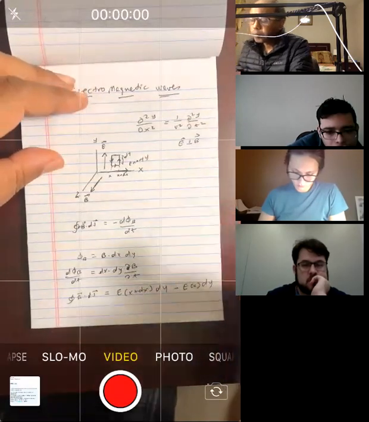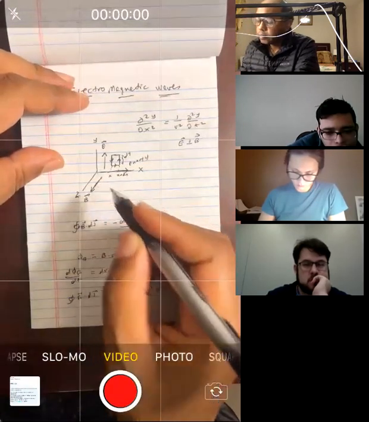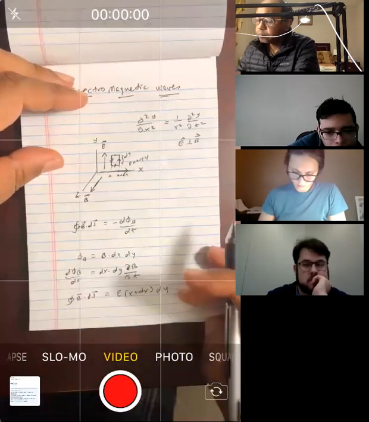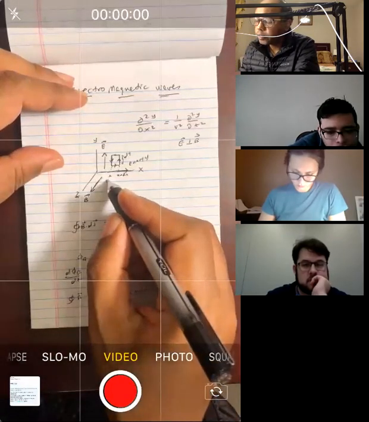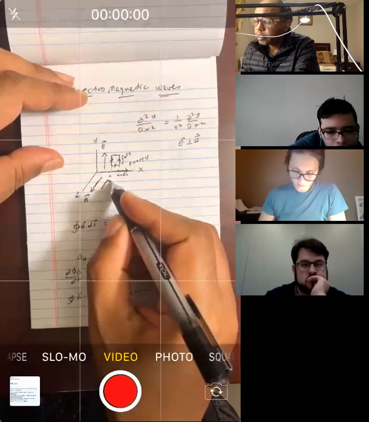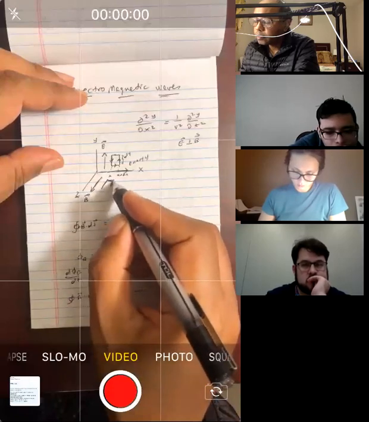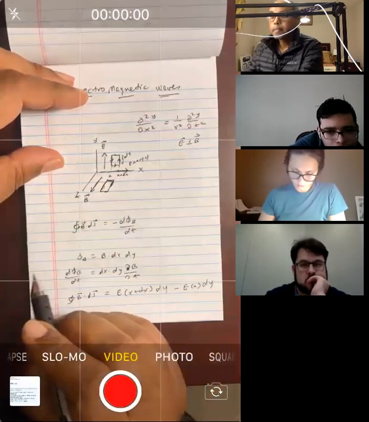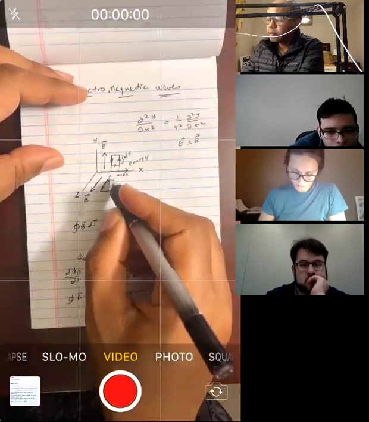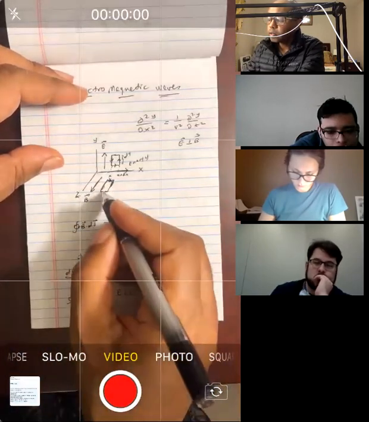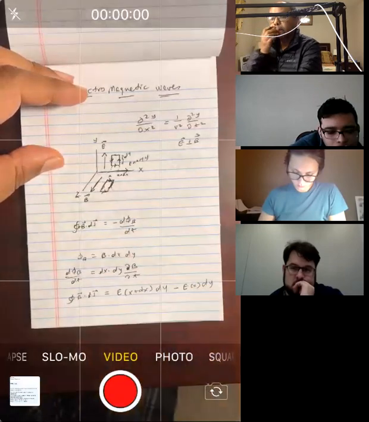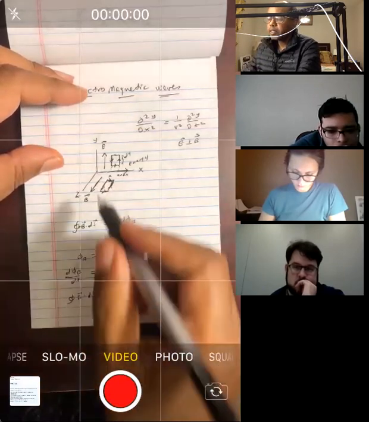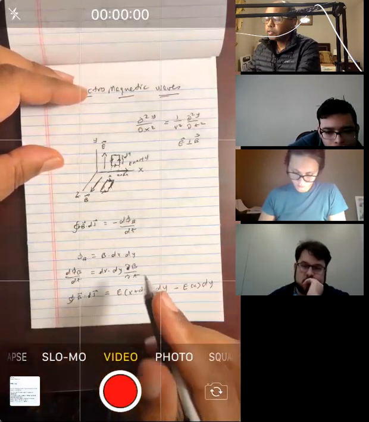So let's take the electric flux. We're going to take this rectangle over here, like this, all right? And we're going to do the integral this way, in a counterclockwise direction like this. Okay, the magnetic field this way. But first, let's do the flux.